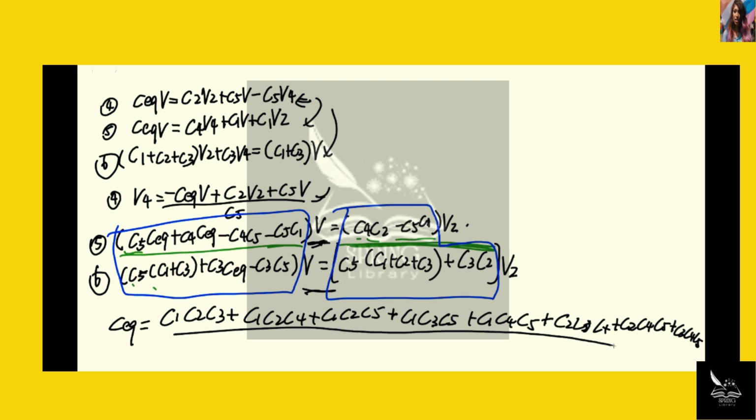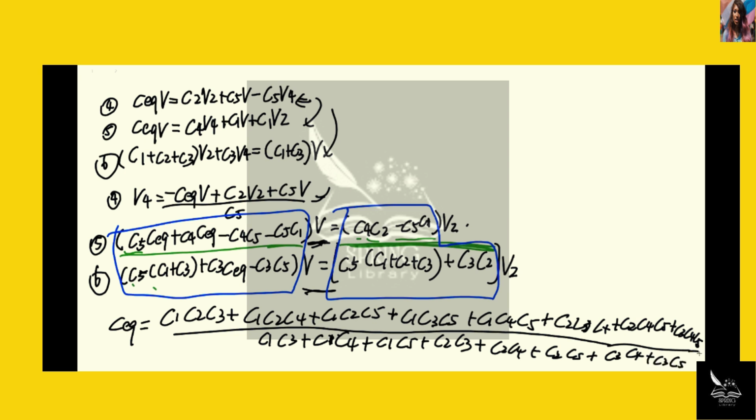We still have the denominator, which is C1, C3 plus C1, C4 plus C1, C5 plus C2, C3. It's pretty much just all possible combinations. Plus C2, C4 plus C2, C5 plus C3, C4 plus C3, C5.